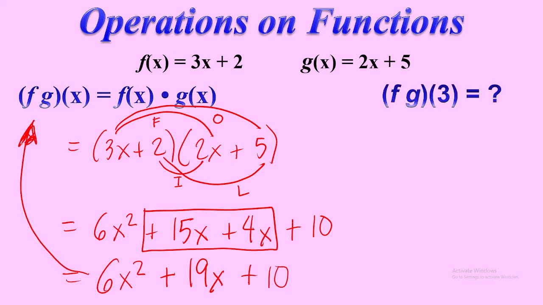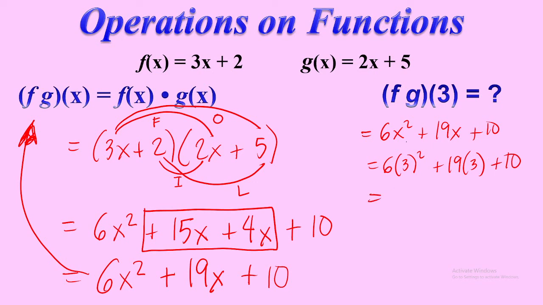And I'm gonna add another problem. So I'm gonna be having a value of x at 3. So this is now 6x squared plus 19x plus 10. So I have 6 times 3 squared plus 19 times 3 plus 10. So I have an exponent.